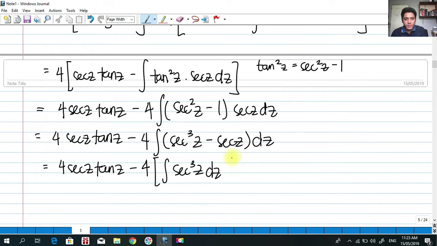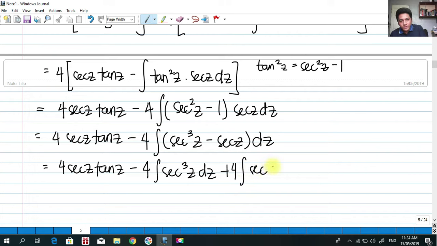Let me just distribute again the negative 4. So this would become negative 4 integral of secant cube z dz, and negative 4 times negative will become positive 4 integral of secant z dz. We have distributed the 4 here, so this becomes positive because negative 4 times this negative will be positive.